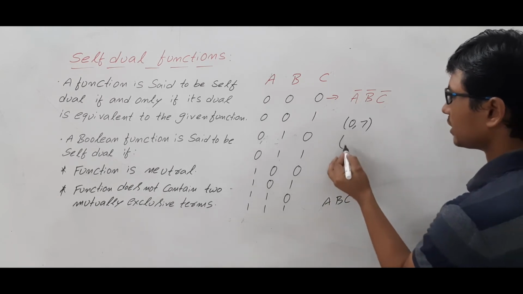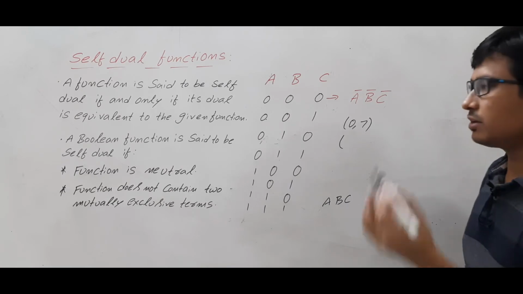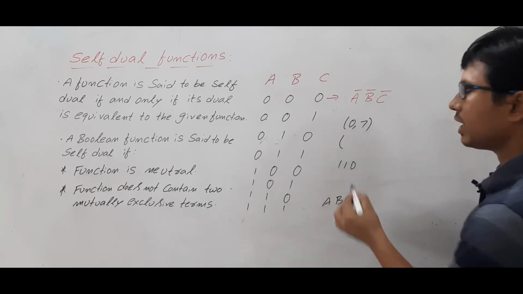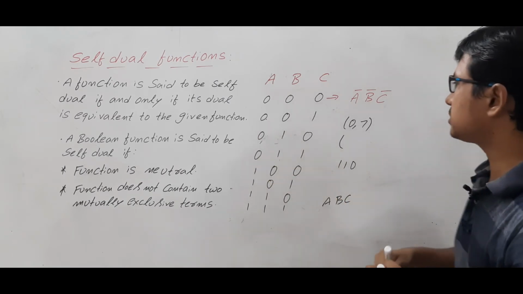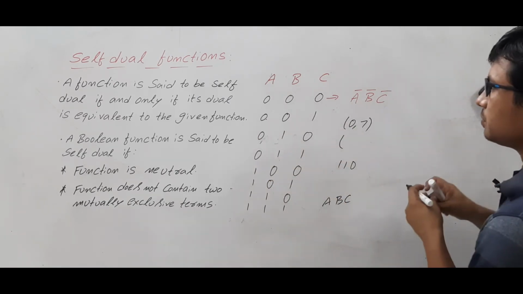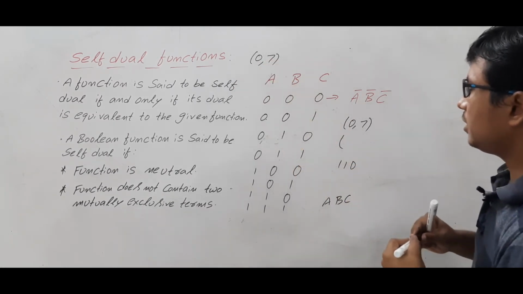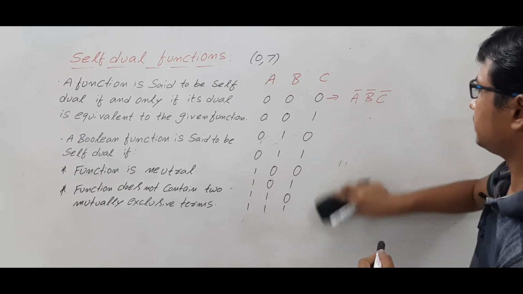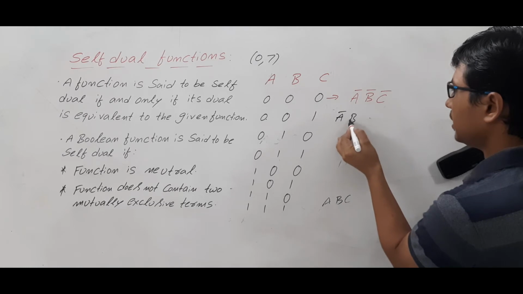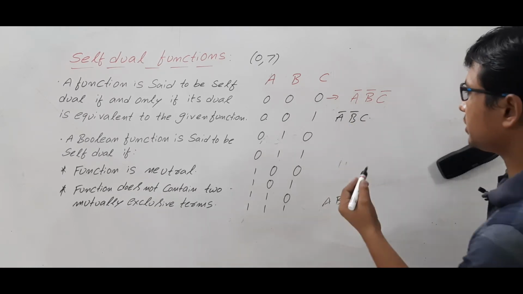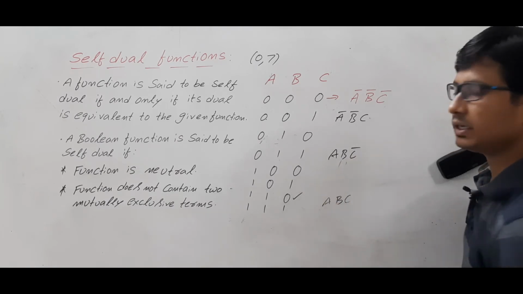Now come to this one. You have 0, 0, 1. The mutual exclusive for it will be 1, 1, 0. Am I right or wrong? Because you have to do the complement. This term, let me write here, is 0, 7. Now this term, if I write it as a min term, is A bar, B bar, C. The mutual exclusive for this one will be A, B, C bar, which is 1, 1, 0.